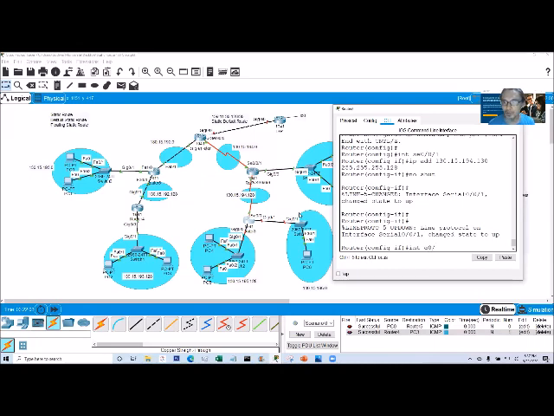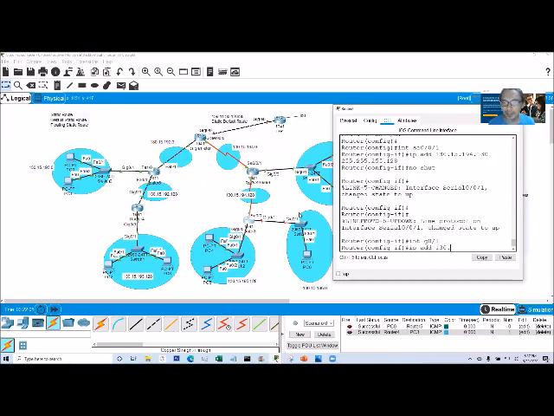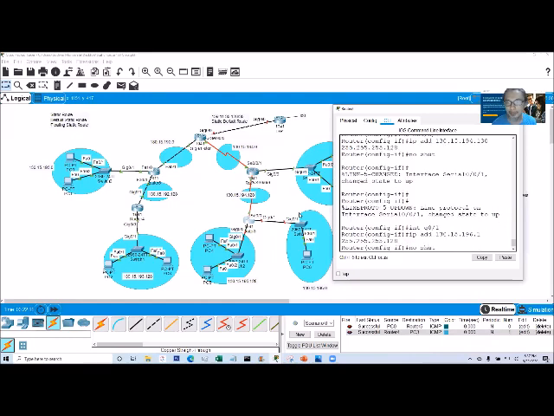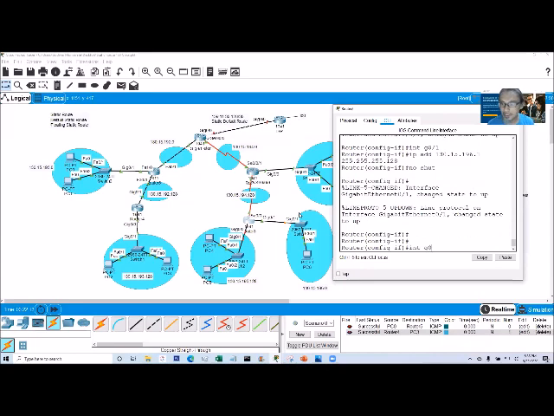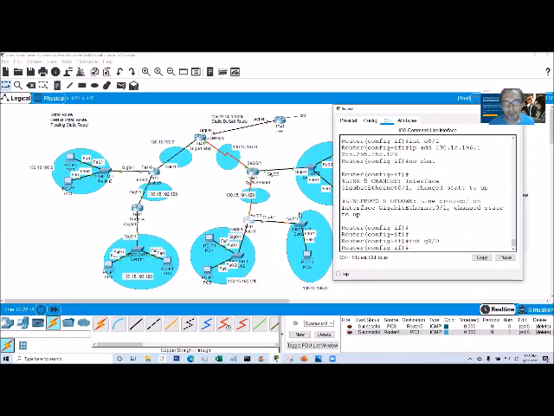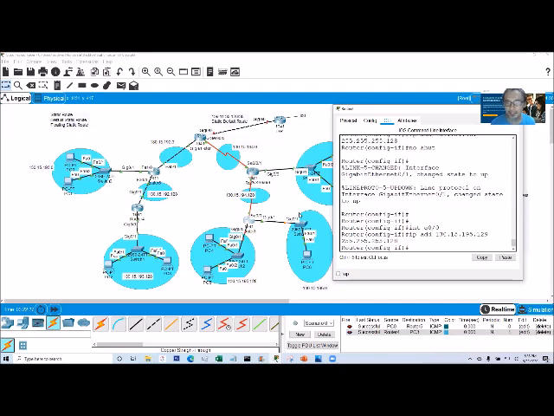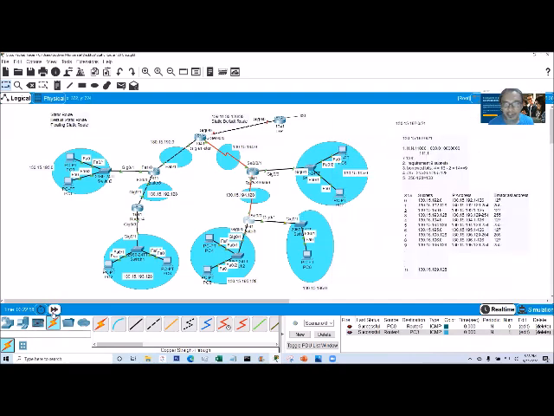In G0/1, ip add 130.15.196.1 255.255.255.128. Enter, no shut. Then apply in G0/0 also its IP address, 130.15.195.129 255.255.255.128. Enter, no shut. Since all of the interfaces have already been configured, try to ping this computer to that computer, this computer to the gateway, and it's successful.